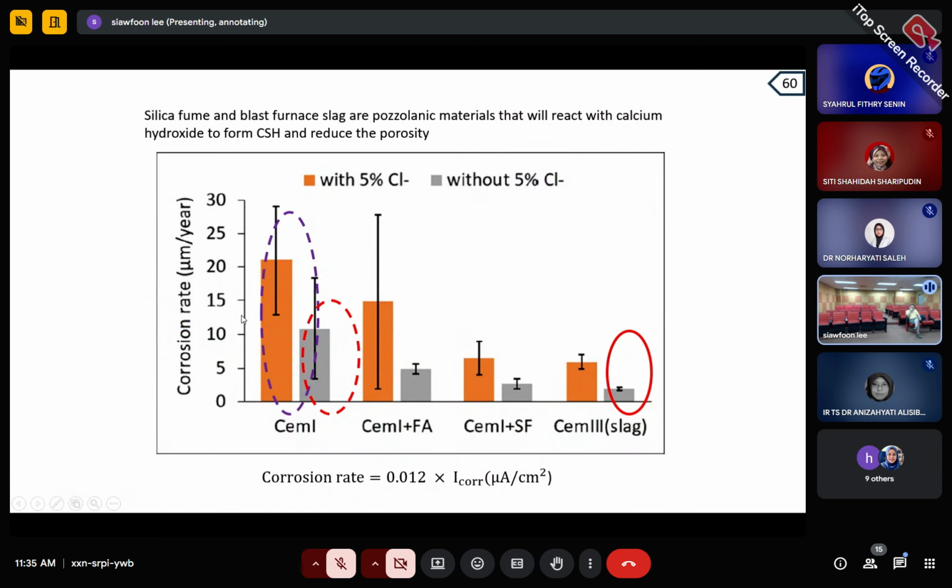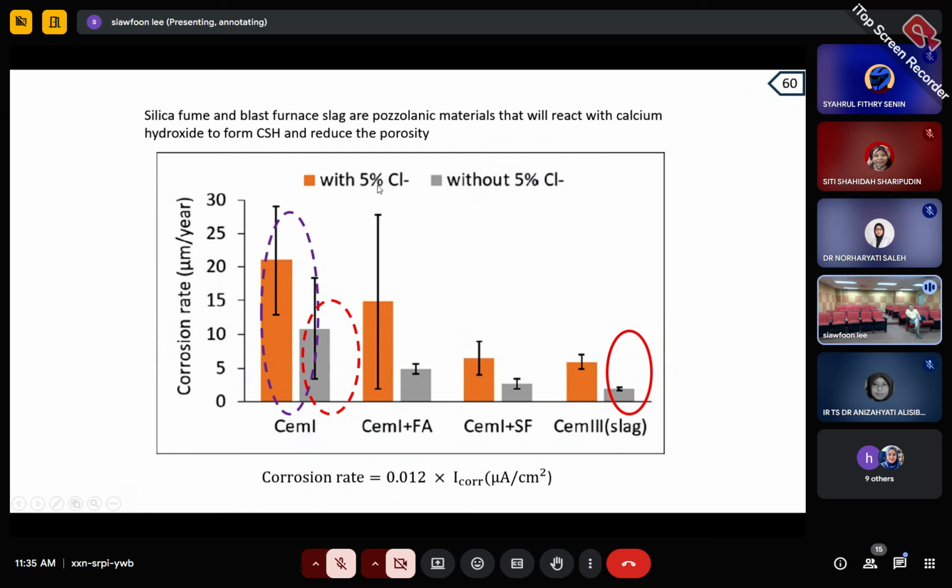Okay, and when I calculate the corrosion rate, I see the same thing. If you look at the orange one, which is with 5% chloride ion concentration, fly ash is the second one, the third one is the silica fume, and the best one is the cement 3 slag. Its corrosion rate is even less than the cement 1 by itself, which means we can actually use a high concentration of sodium chloride in the concrete.